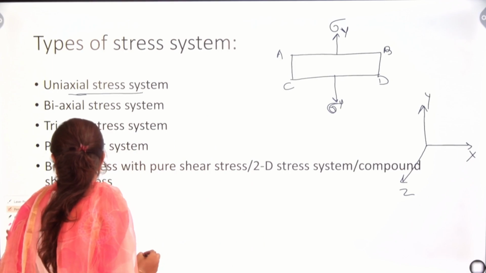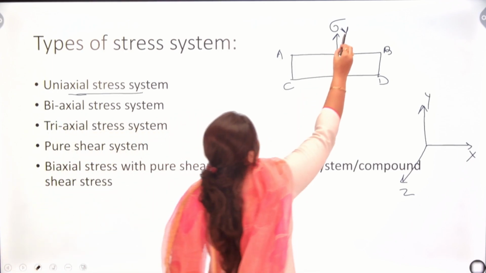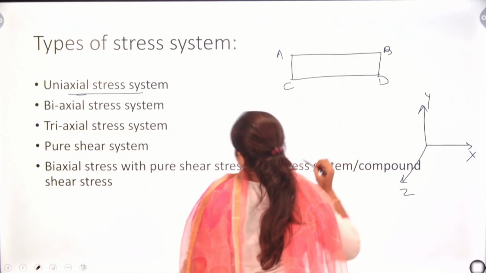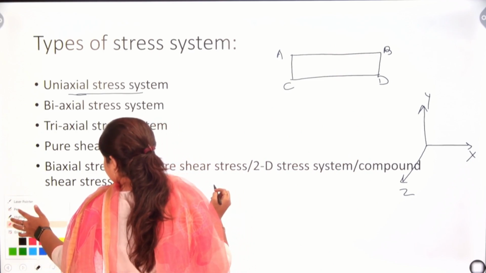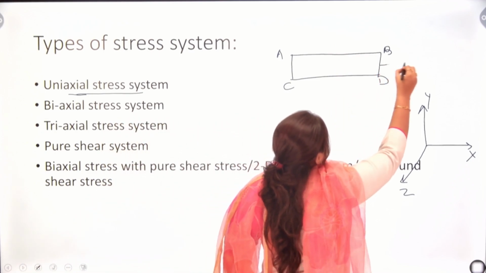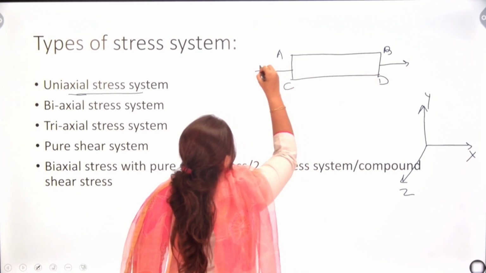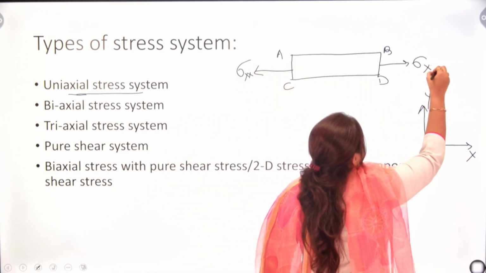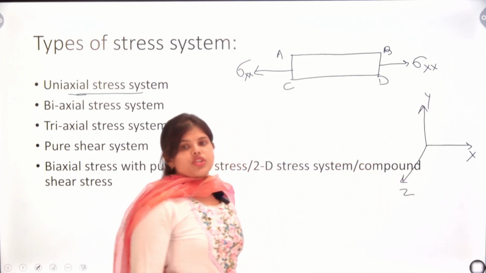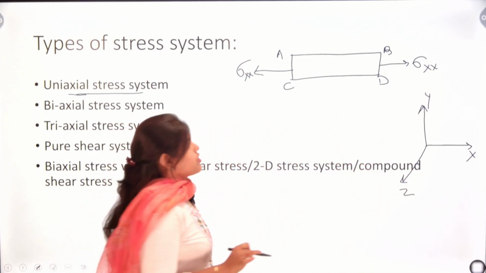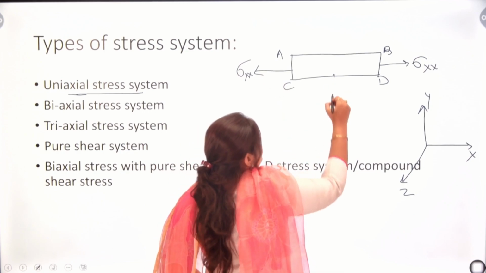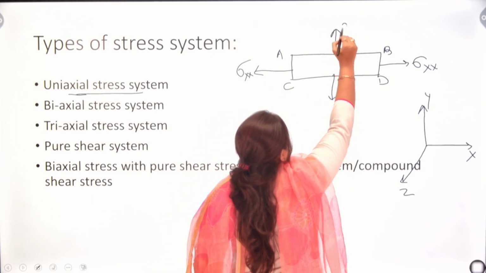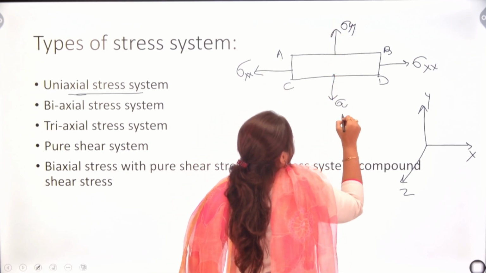Also, if you want to act the stresses in this manner, it is also okay. There is no issue. But stress is acting only in one direction. It can be like this, also it can be like this. Okay.